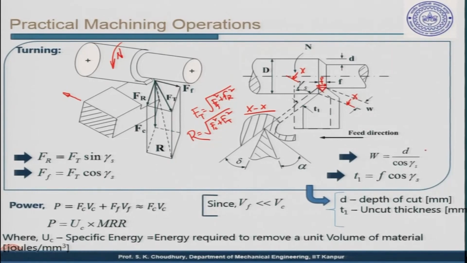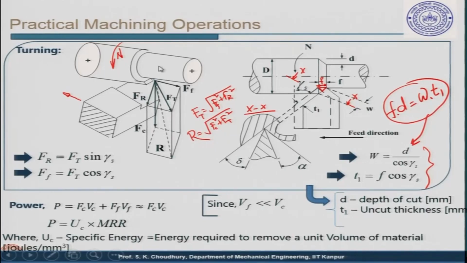So, this is an important relationship of the physical parameters of the cutting process. As you can see, F into d, the feed into the depth of cut, will be actually width and T1. This relationship comes from here.